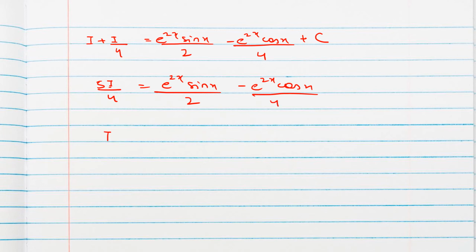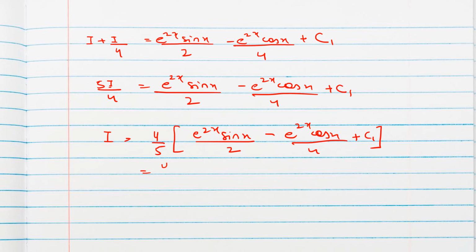Now to find I, we can multiply throughout with 4 by 5. So 4 by 5 into e power 2x sin x, we can write like this, or we can write this as c1.